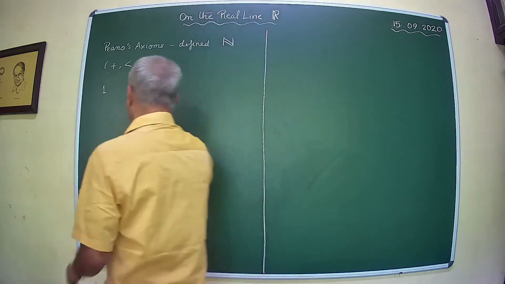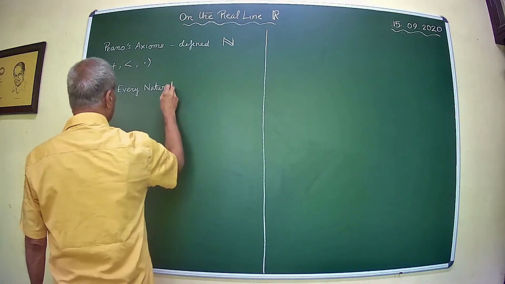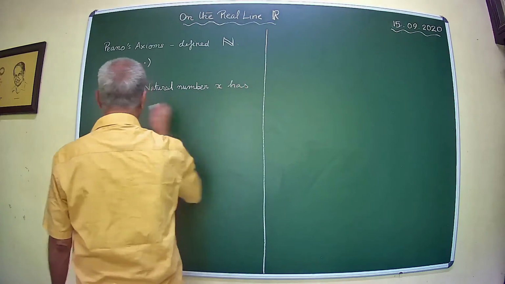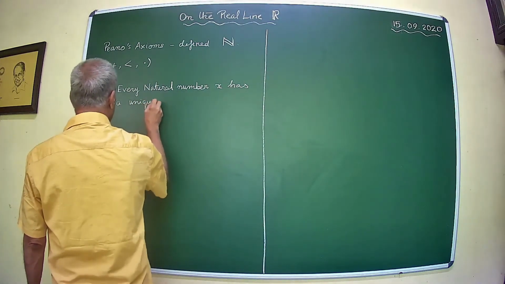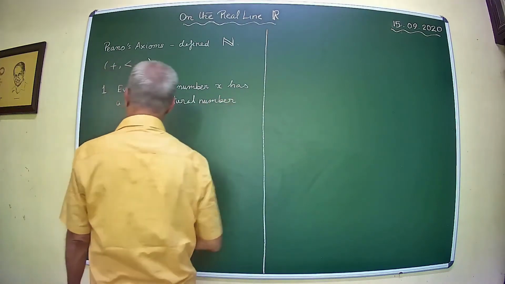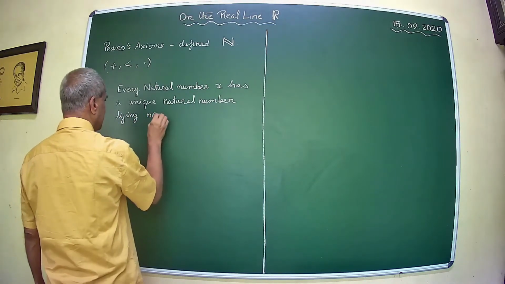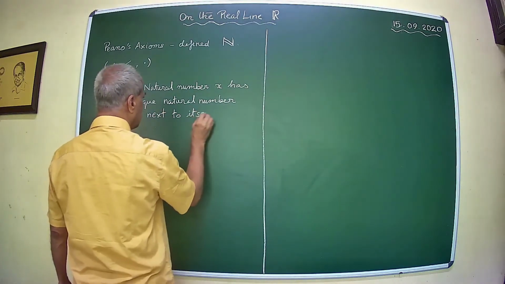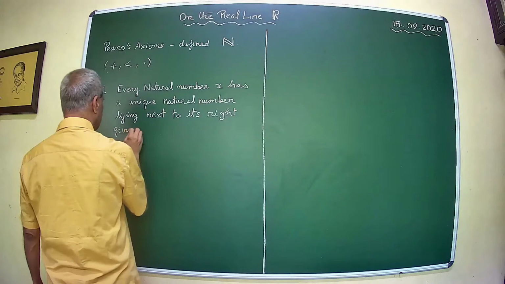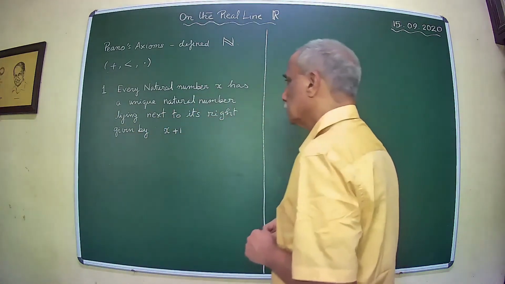Every natural number x has a unique natural number lying next to it, given by x prime.